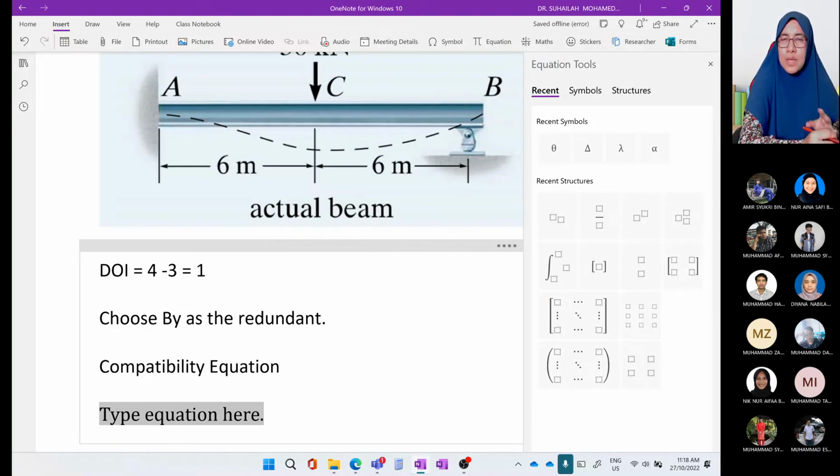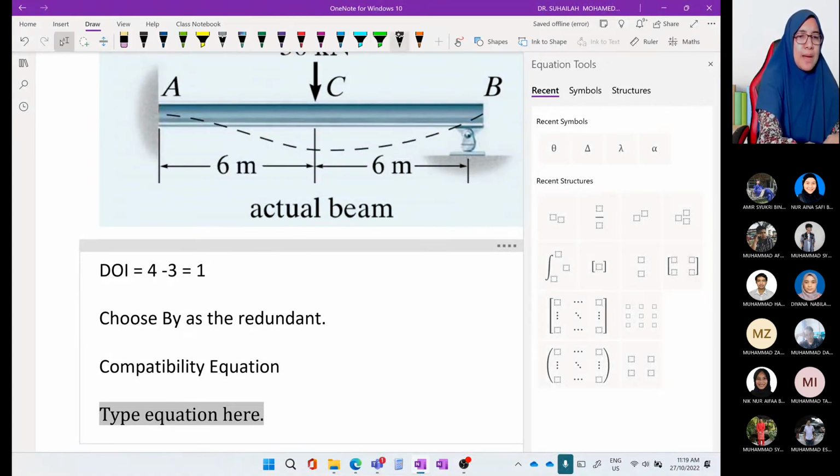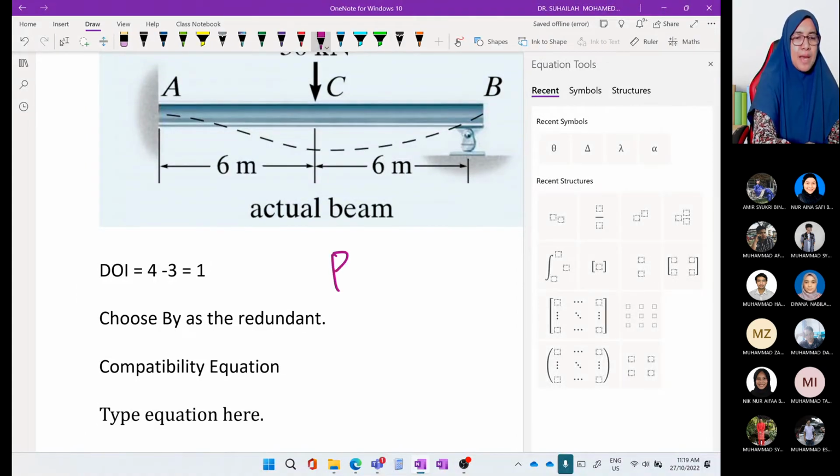So always remember, this is the partner: P and delta, M and theta.